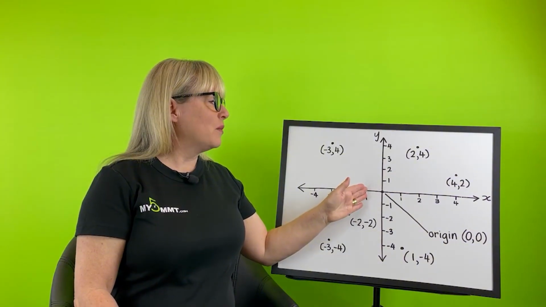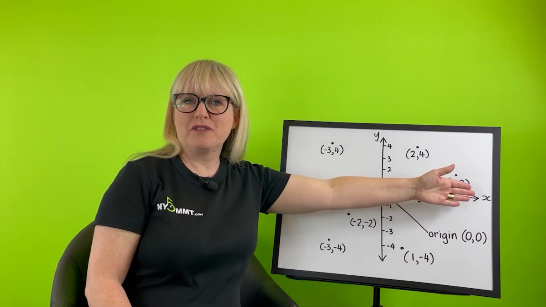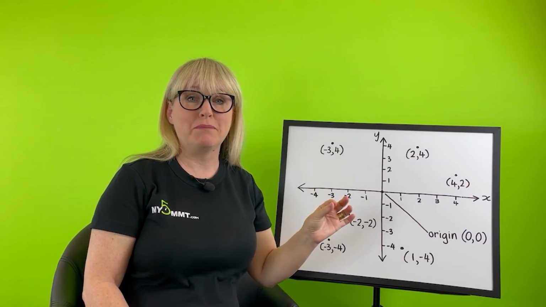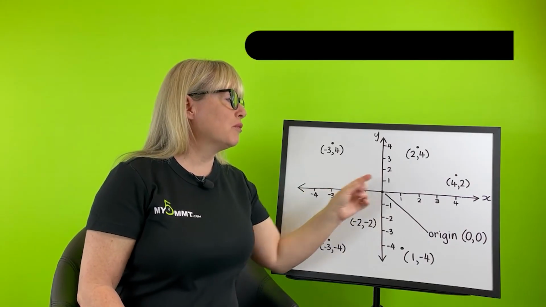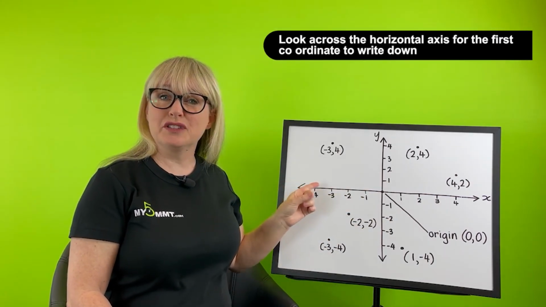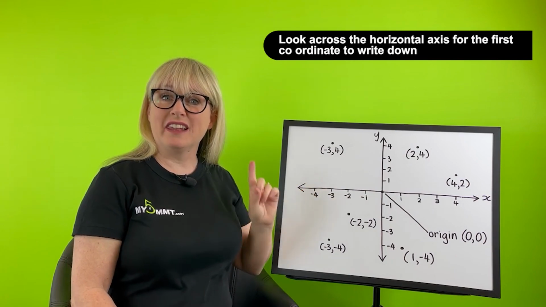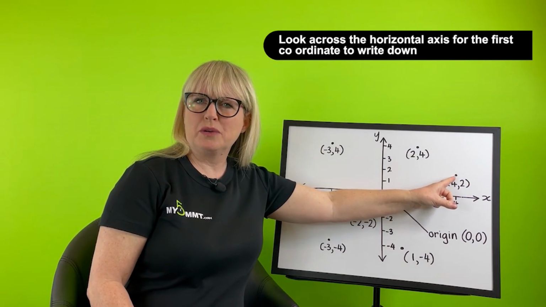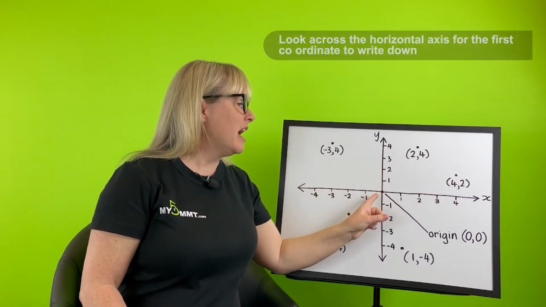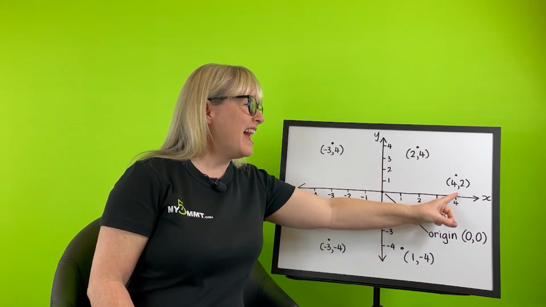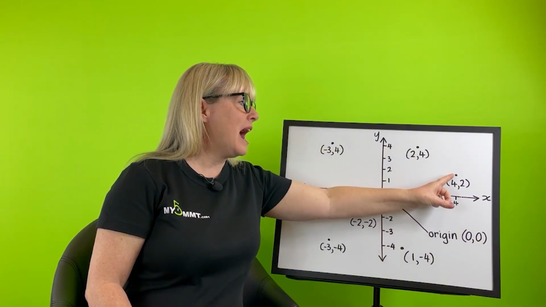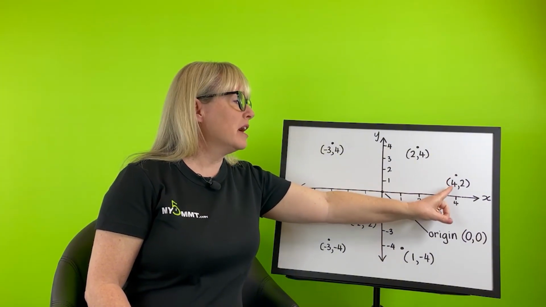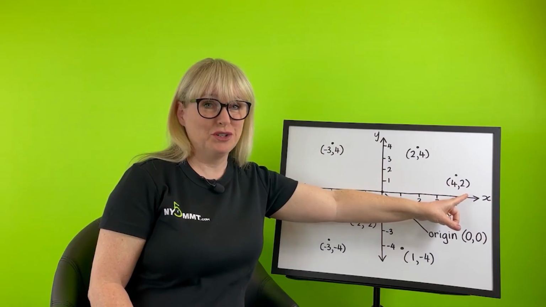You'll notice that we go across first, and I've already mentioned that, and that's really important to note. We go across first, and that's the first coordinate we write down, like this. I go across, and how do I write what the coordinate is for that dotted point? I go across to 4, and then I notice I go up to 2, and that's why I write a 4, then a 2.